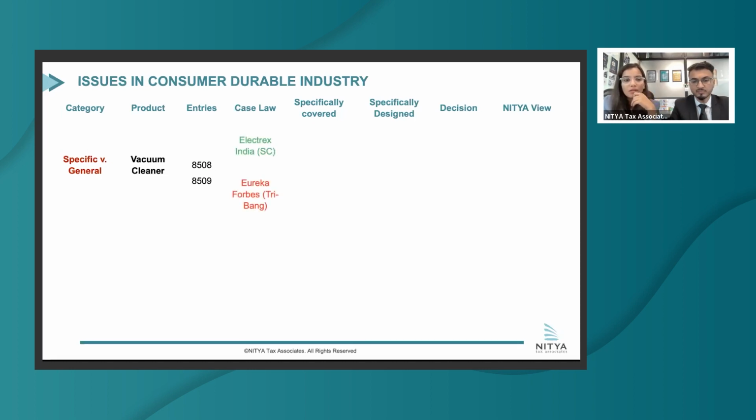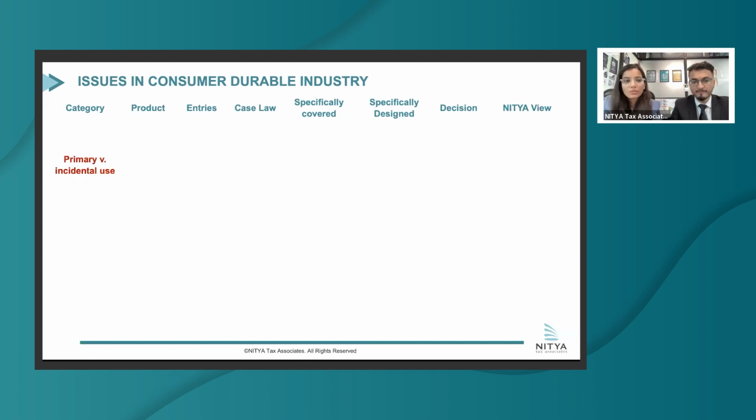Now there have been contradictory rulings, and surprisingly, some rulings have held that if a vacuum cleaner is for industrial use, it will go under its respective heading of vacuum cleaner, 8508. However, if it is for domestic use, it will go under 8509. However, there is no such distinction under the HSN or chapter notes. And in our view, a vacuum cleaner, since it is by nomenclature covered under 8508, should be classified under 8508 only and not under domestic home appliances.